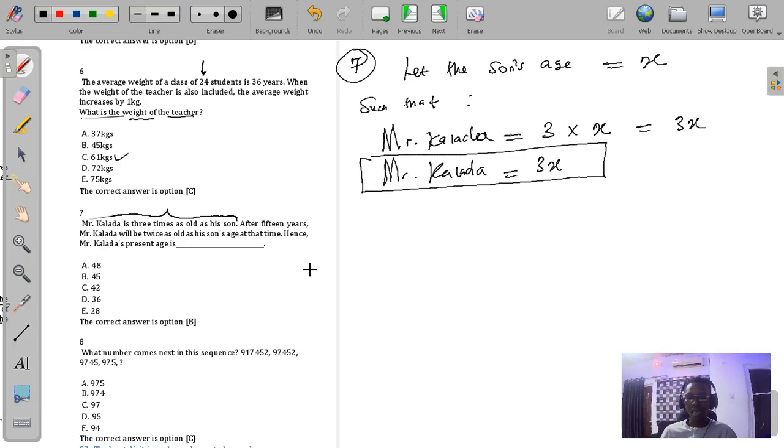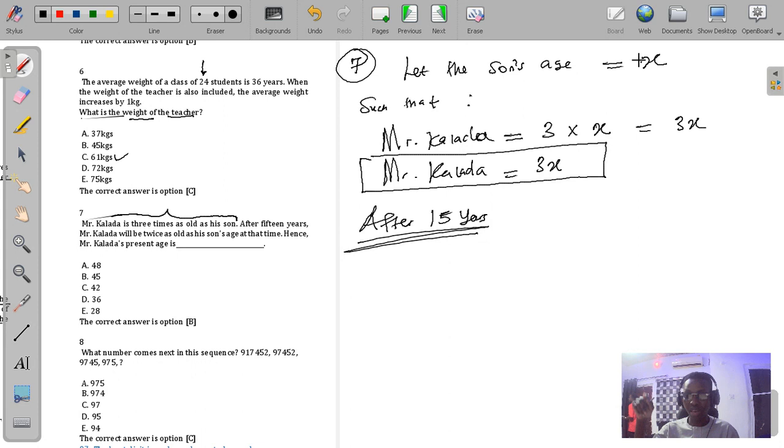Now, the second statement says, after 15 years. As at now, the son's age was X. So in the next 15 years, it will be X plus 15. Now add 15 to the son's age.